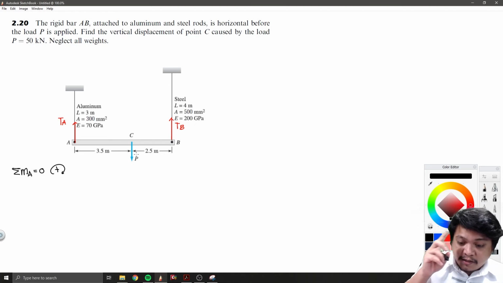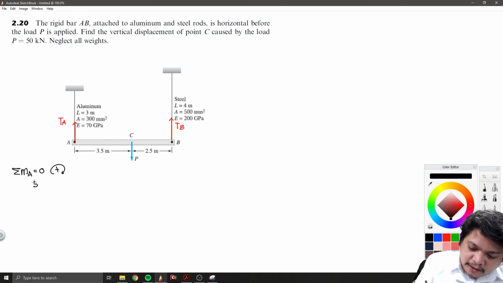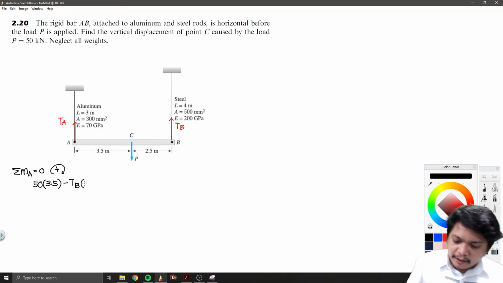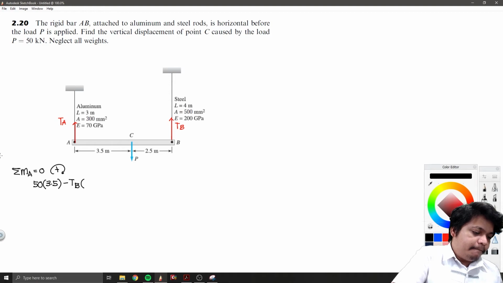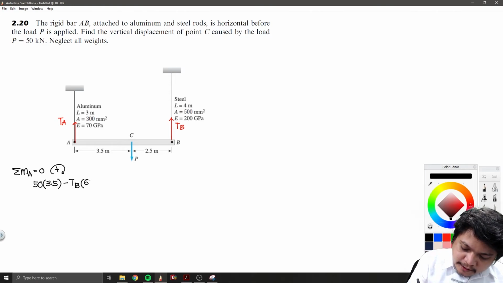So, P is 50. So, that is 50 multiplied by 3.5 minus TB multiplied by 3.5 plus 2.5, so that is 6, equal to 0.